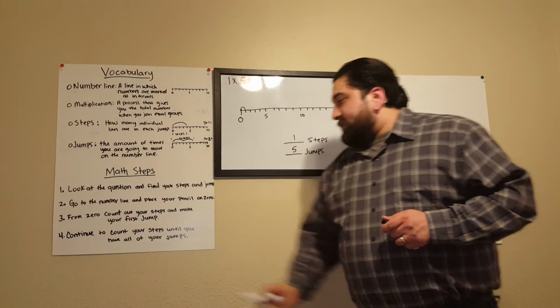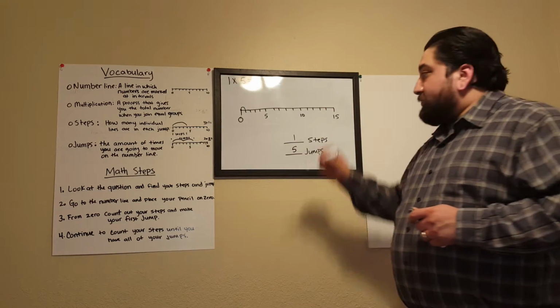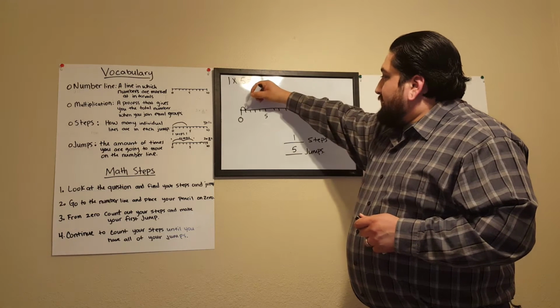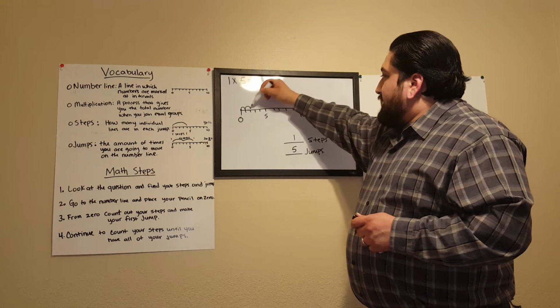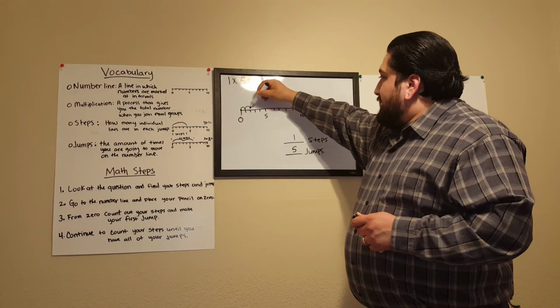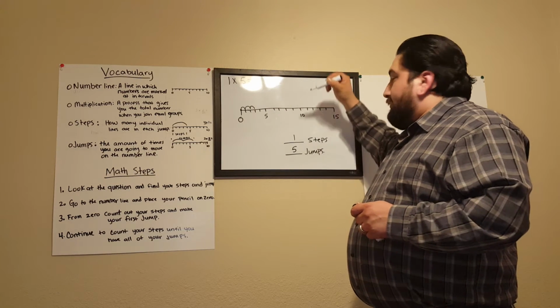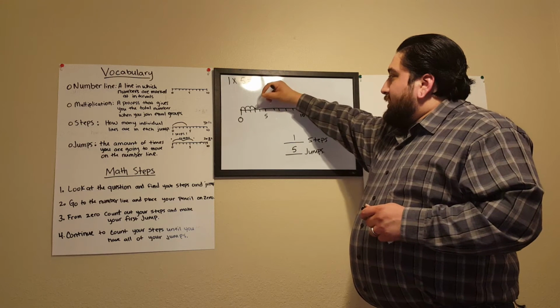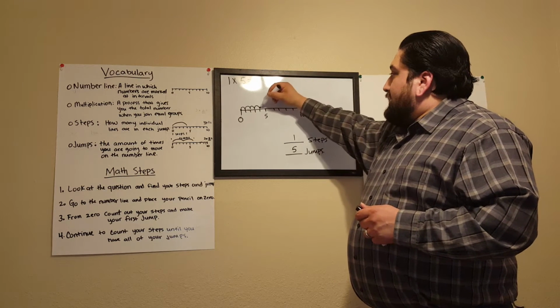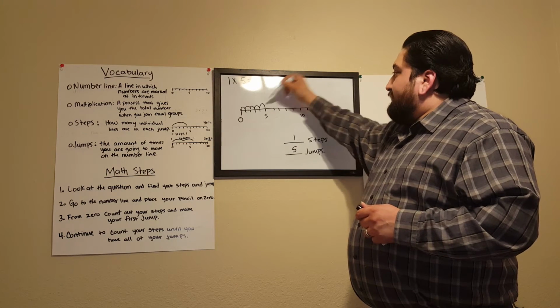We continue to count our steps until we have all our jumps. So we have 5 jumps. Let's count the next step. That's our second jump. Let's go to our next step. 1 step over. The third jump. The next step. The 4th jump. And our last step, 1 step. The 5th jump.